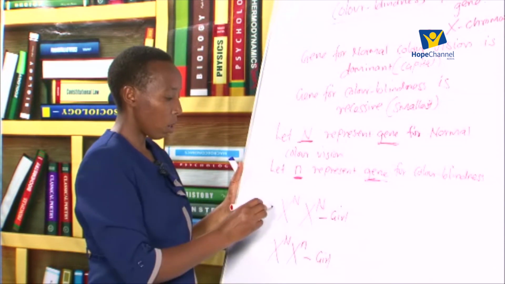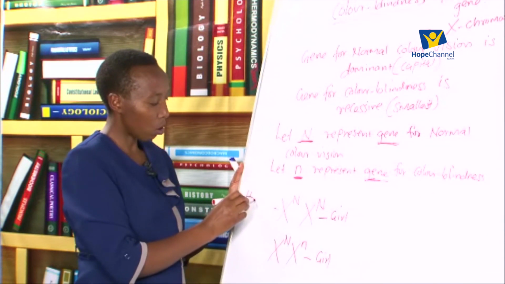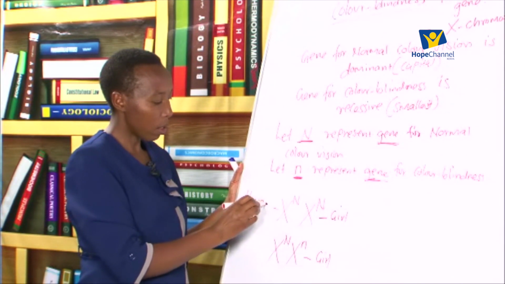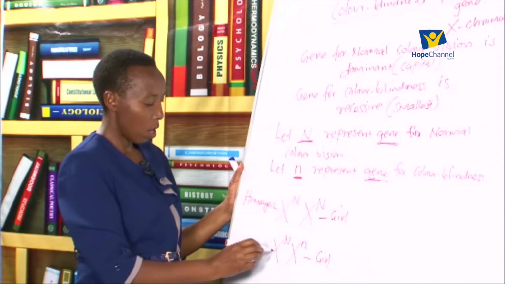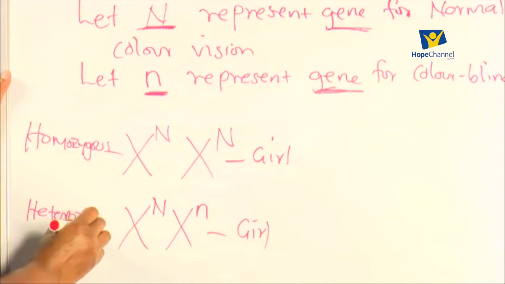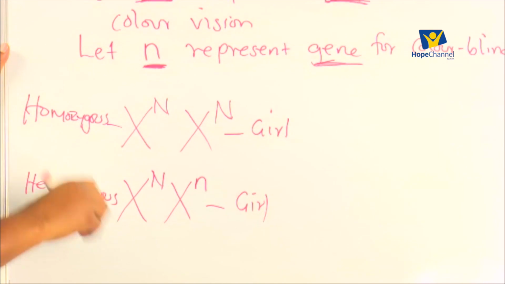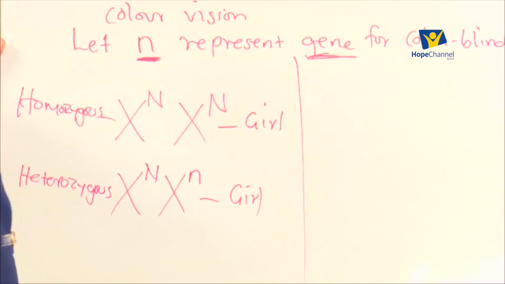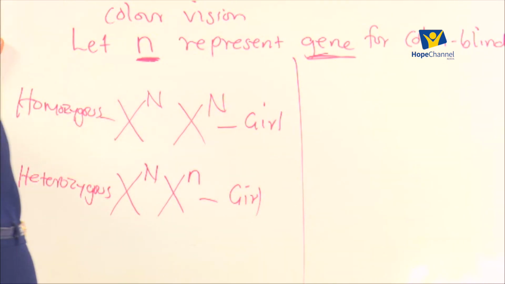So still this is a girl. But this person is what? In homozygous condition. This person is in heterozygous condition. Now that is the case for the girls. What about the boy?